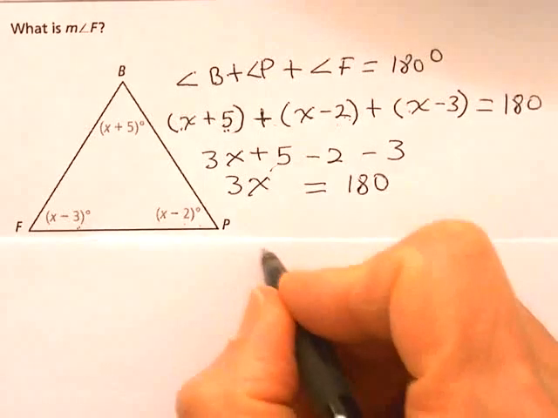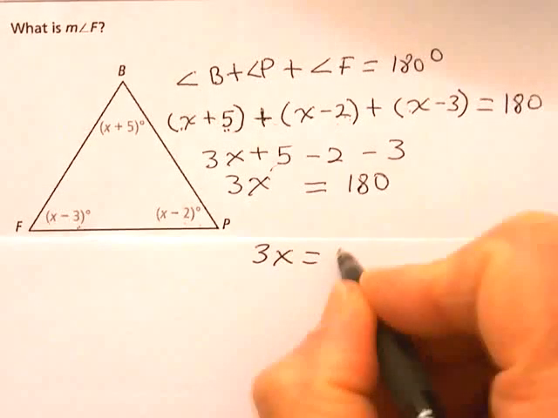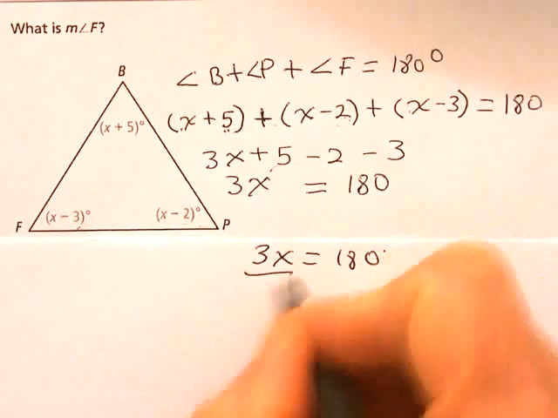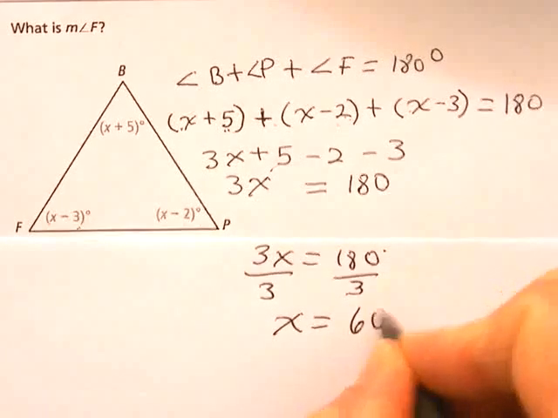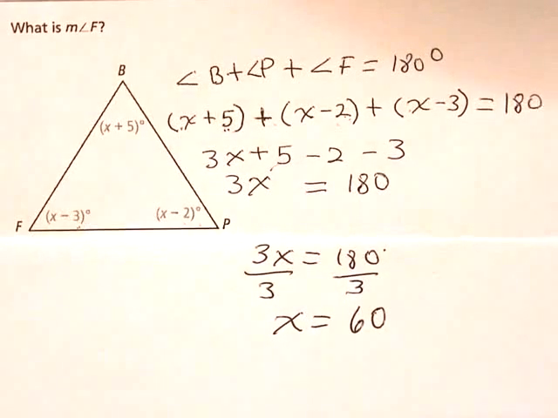So I'm going to slide down here. 3x equals 180. And of course, dividing both sides by 3, x equals 60. Now that's not our answer. Let's be perfectly clear. We're asked to find the measure of angle F, and I'm going to do that right over here.